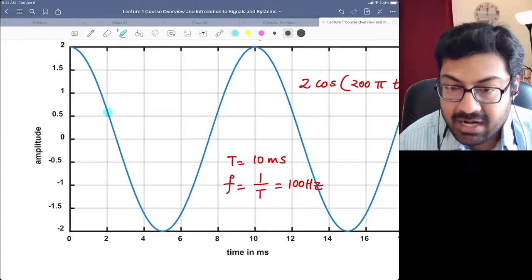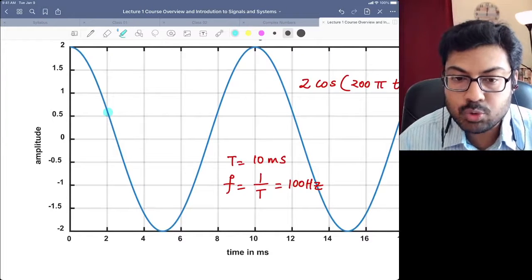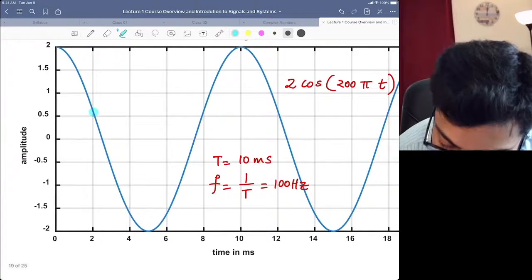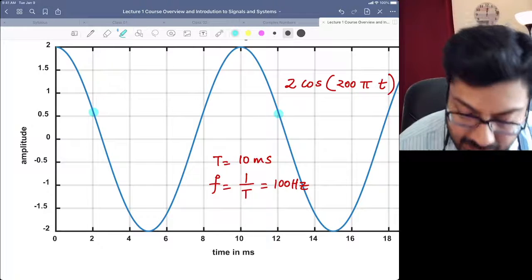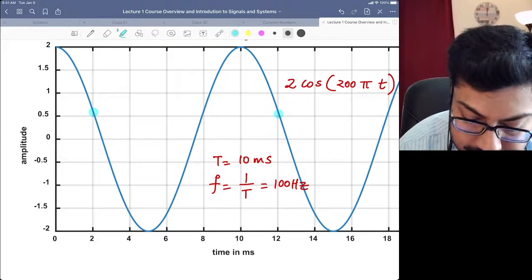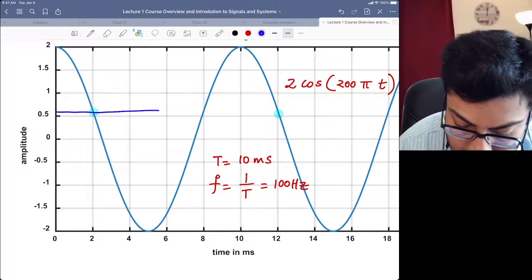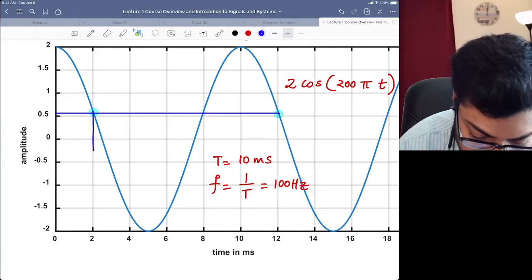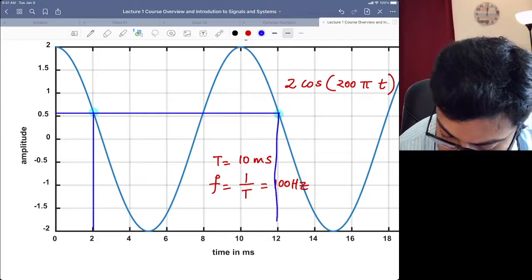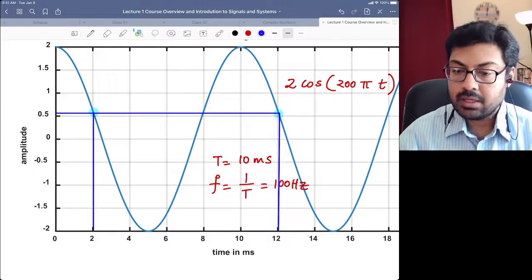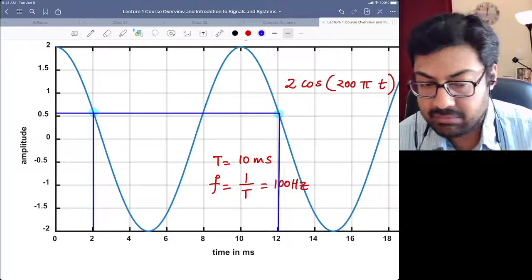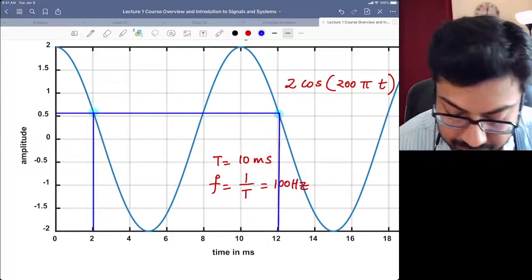And if I add 10 milliseconds to it, I get 12. All right, 12. Exactly the same value, right? You could have picked any other time value as well, 3, 4, anyone really.